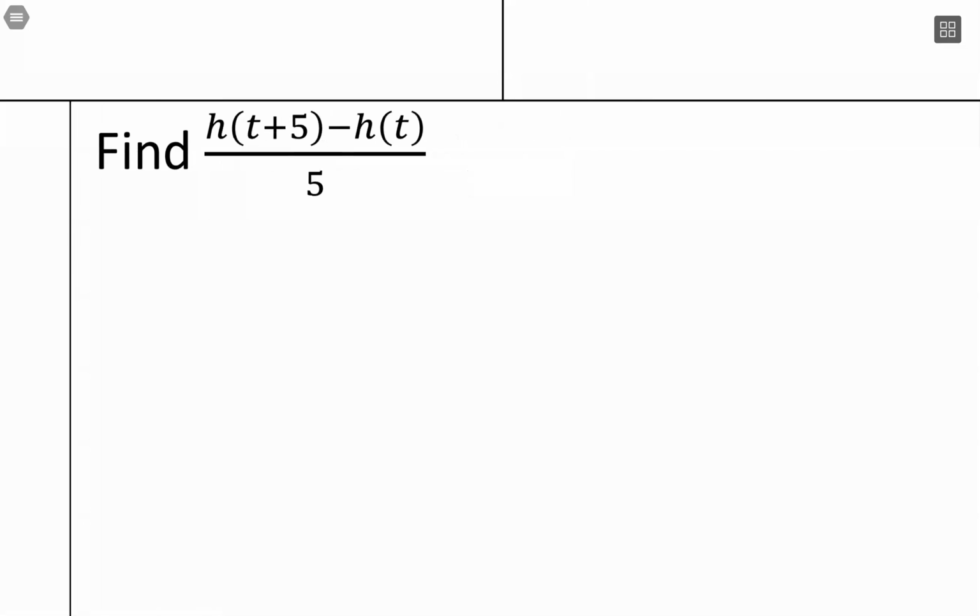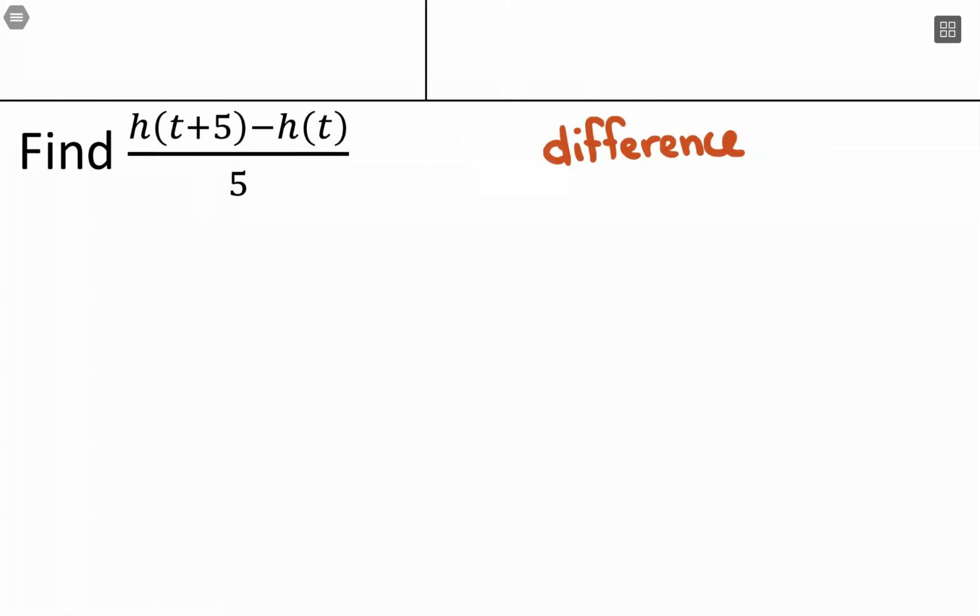This is called a difference quotient, and it connects to slope and rate of change, and it connects to calculus too. So it's something we like to look at and practice at this point because it gives a really good foundation for calculus. It's also just a good foundation for slope and rate of change as well.